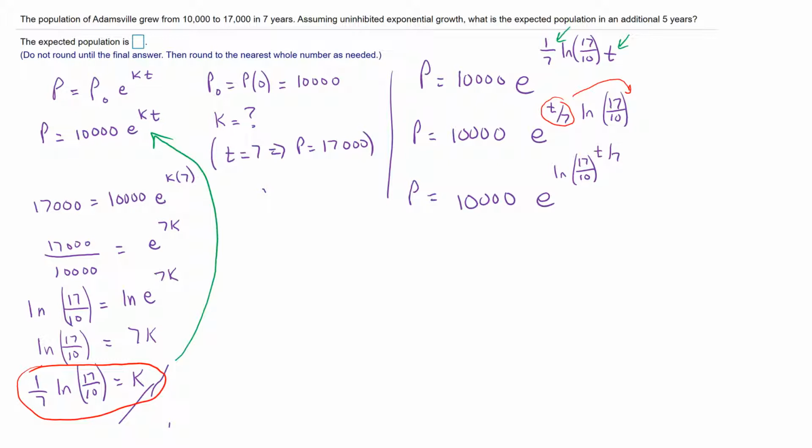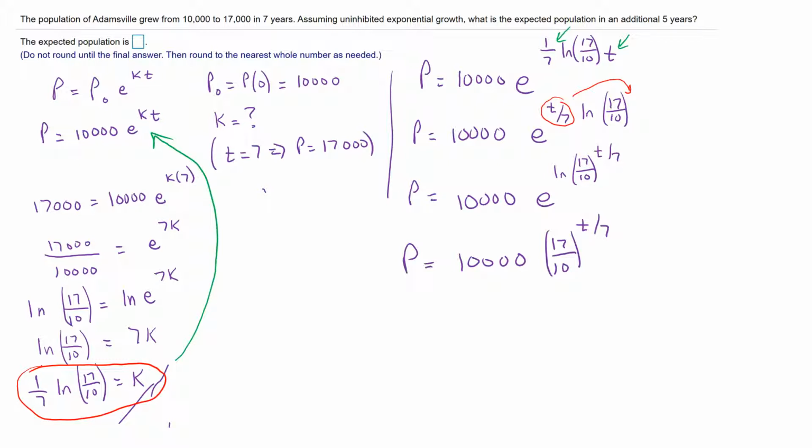The reason we did that is because now the e and the natural log cancel once again. And so we have P equals 10,000 times 17/10 to the t over 7 power. Now I have a simplified formula that I can use to predict population in the future.